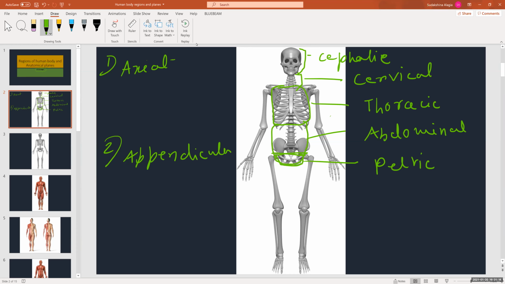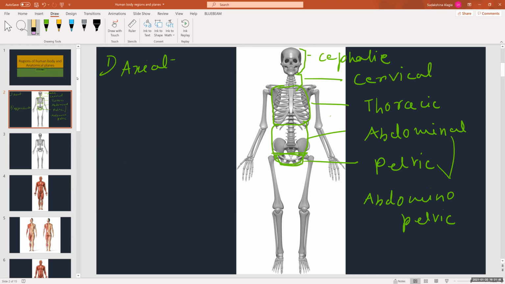Often abdominal and pelvic is together referred to as abdominal pelvic. Okay, cephalic, head, cervical, neck, upper thoracic, lower abdominal, lowest pelvic. That's your torso. All of this is axial skeleton.